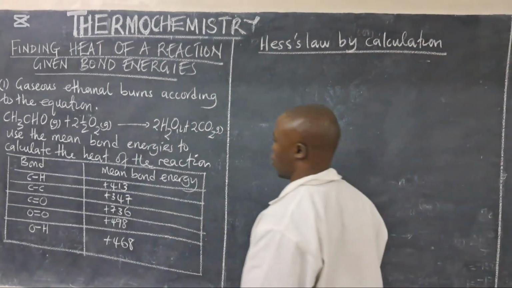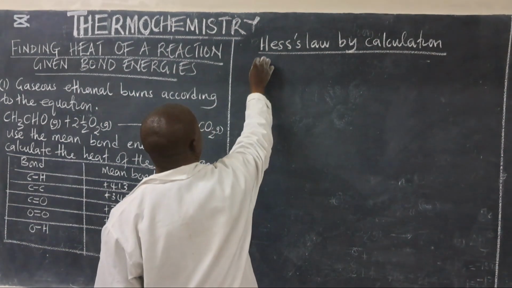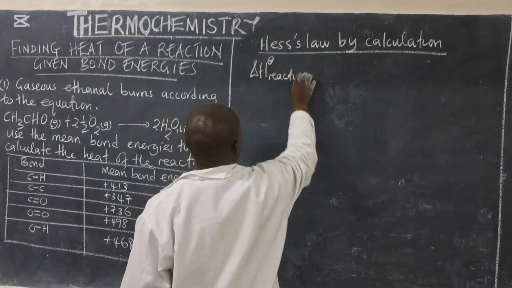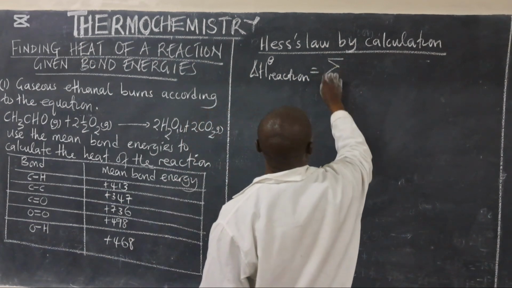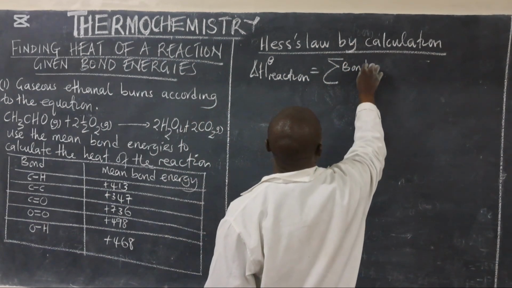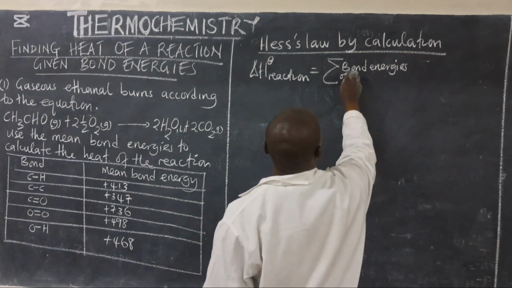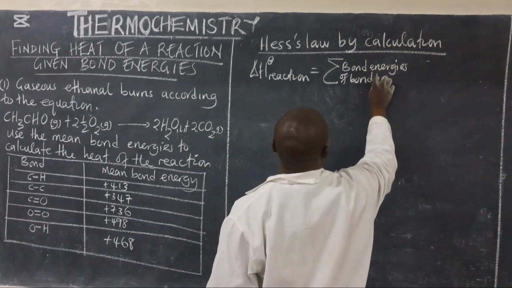Here we shall use a formula. So we are going to use a good formula here which says heat of a reaction is equal to summation of bond energies of bonds broken.